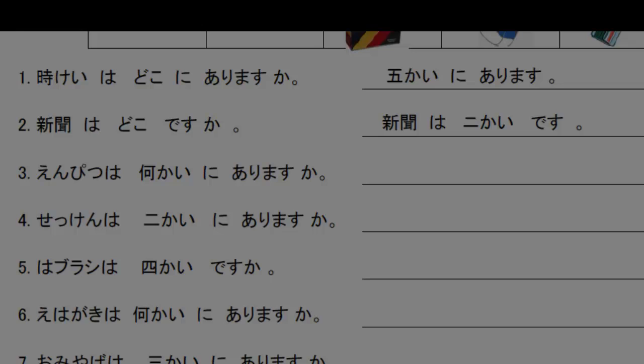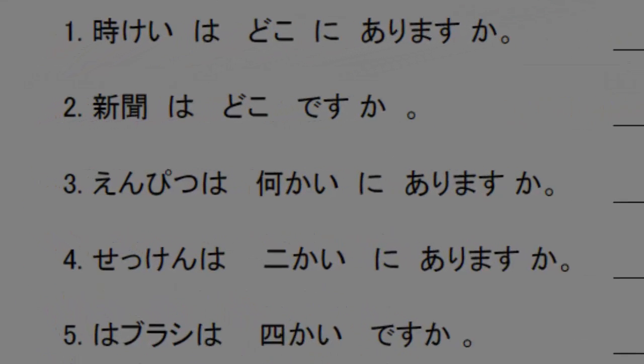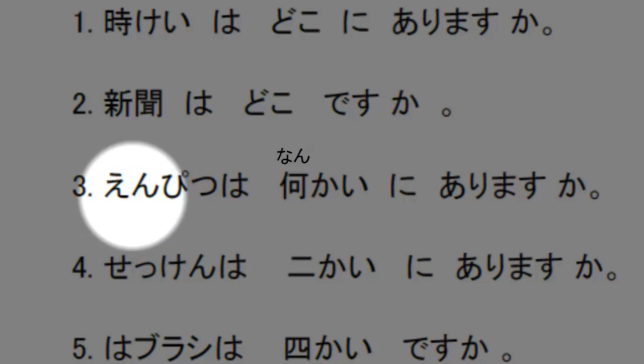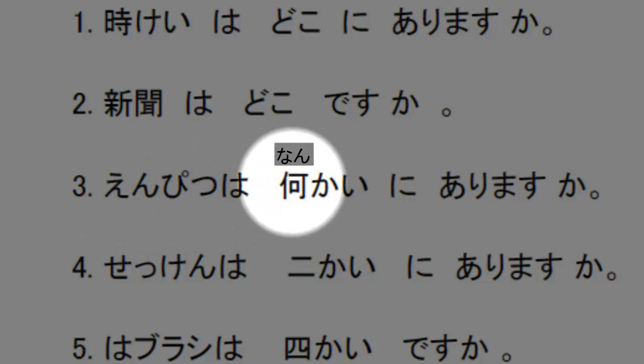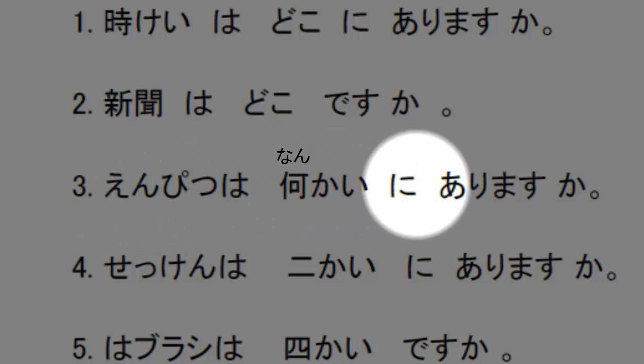And you'll always be safe if you take the structure of the question and you use that to structure or build your answer. Okay, you can do the rest more or less on your own now, I think, but there are just a couple of things to take note of. In question 3, enpitsu wa nankai ni arimasu ka?